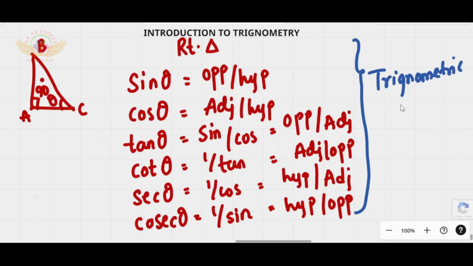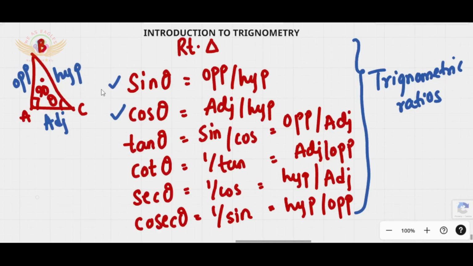So how to remember them? That is the main question, right? Very easy. If you remember just sine and cos, it's enough. For a right angle triangle, if this is my angle theta, the exact opposite side is this, the side immediately next to it is the adjacent, and this will be the hypotenuse.